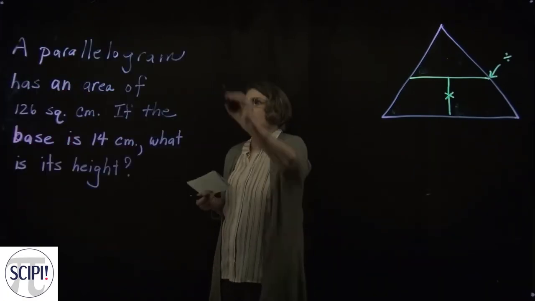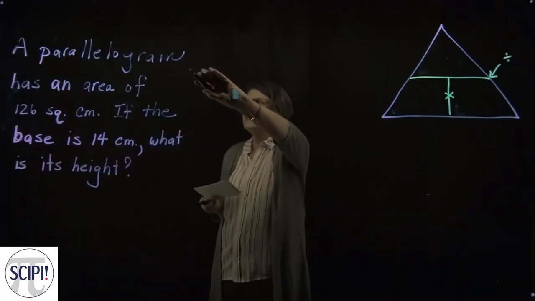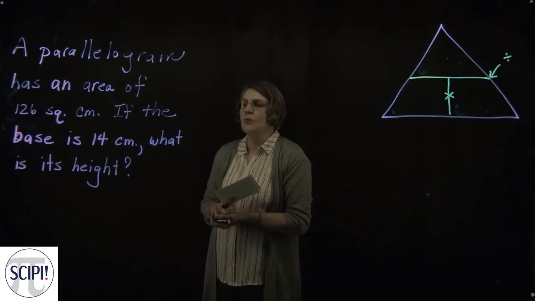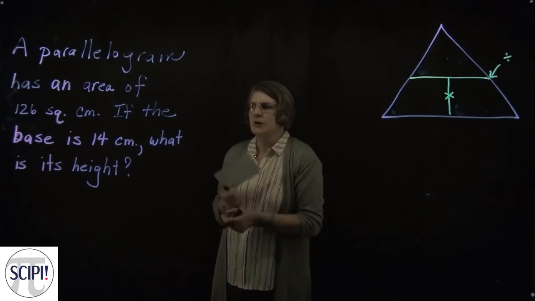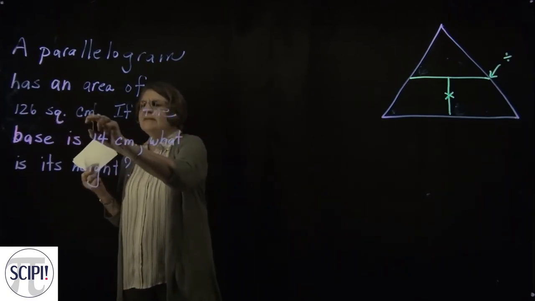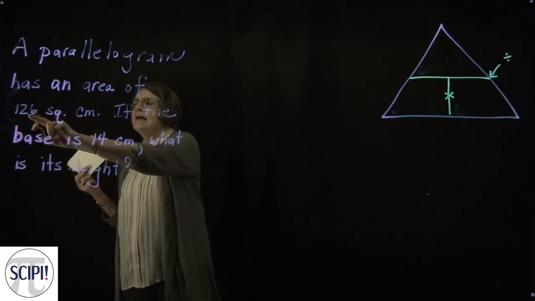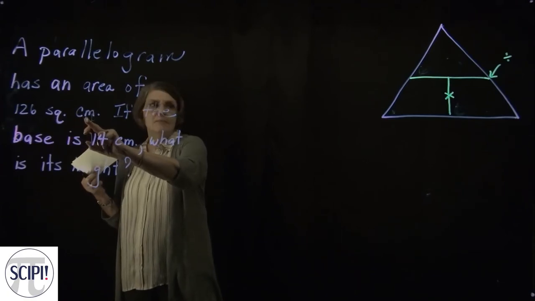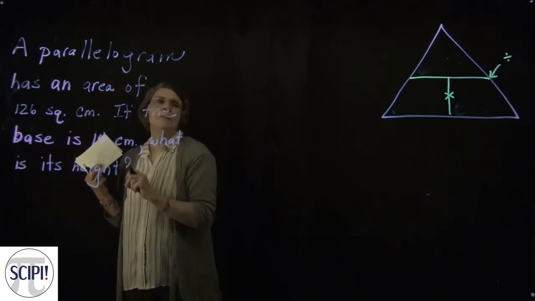Let's try one that involves geometry. You'll see the problem here, and we're going to read it. A parallelogram has an area of 126 square centimeters. What does that mean? That means that I can put 126 squares that are centimeter by centimeter into this parallelogram.